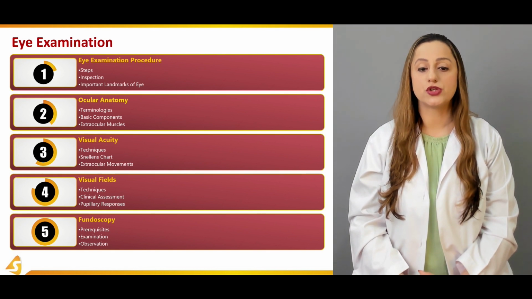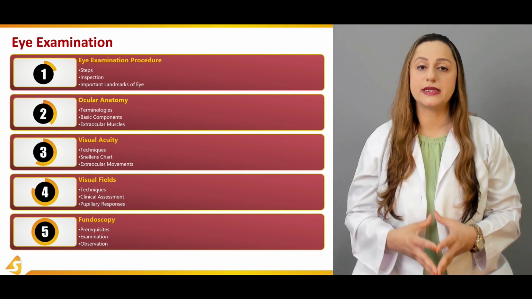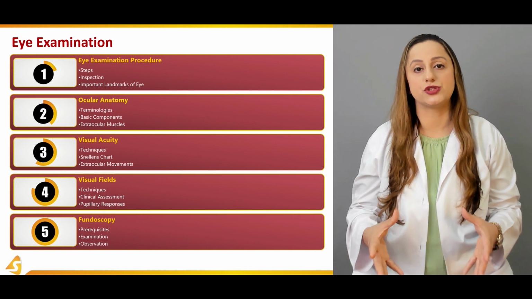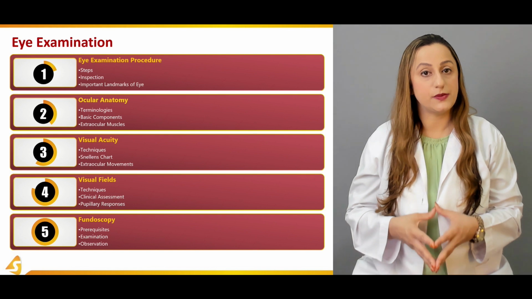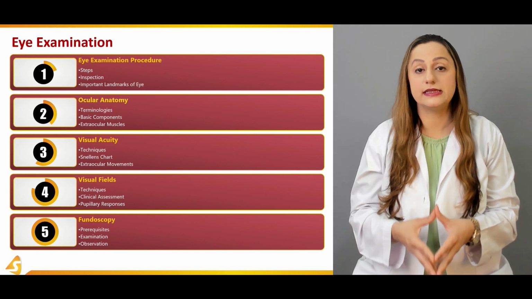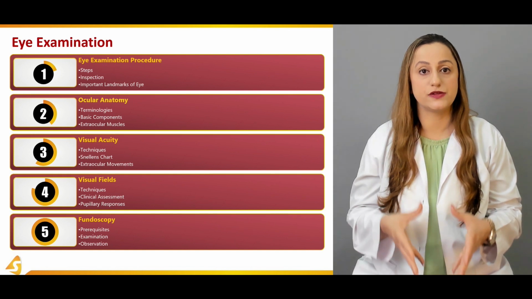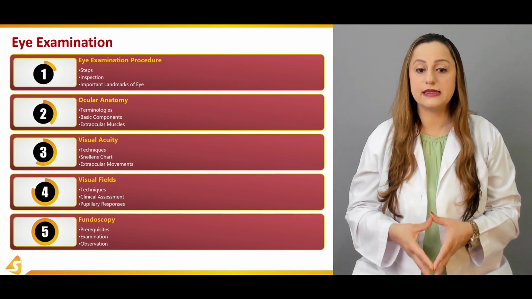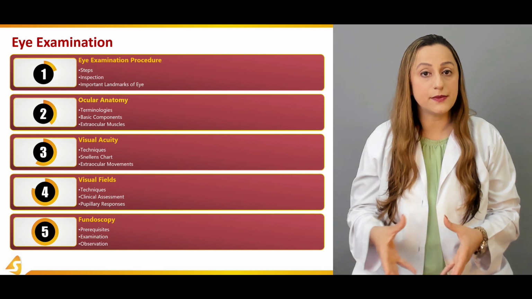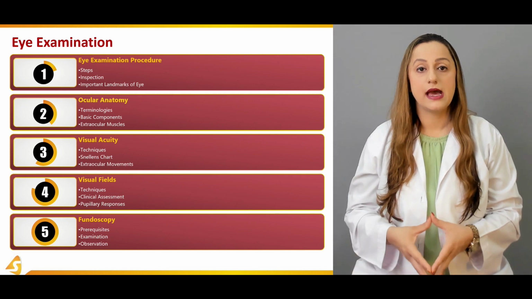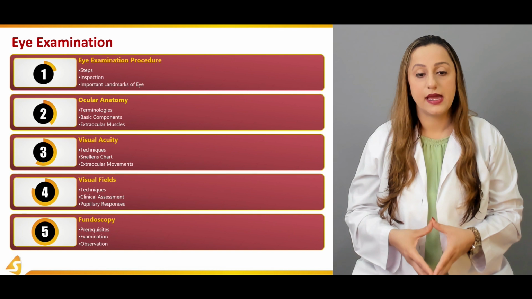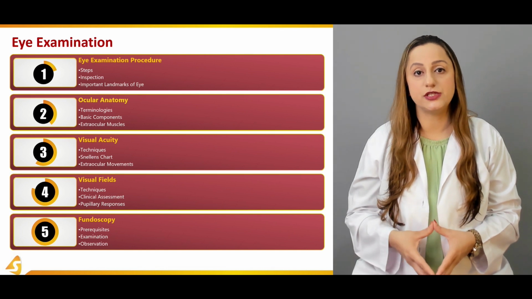Then we'll be moving on to the visual fields. Visual fields are basically the range of vision available to the patient, and normally we divide this visual field into the temporal and the nasal vision fields. So we'll be discussing the difficulties that can be caused to the patient by any nerve damage, which is going to affect the visual field of the individual.